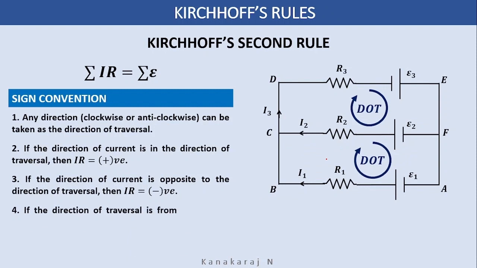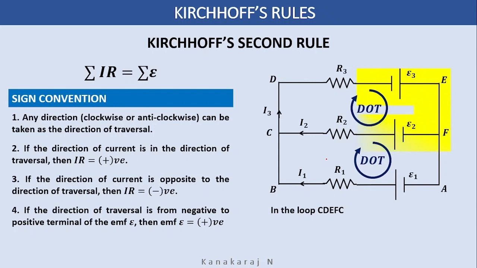If the direction of traversal is from negative to positive terminal of the EMF, then the EMF is taken as positive. Let us consider a loop. In the loop CDEFC, the direction of traversal is from negative terminal to the positive terminal of the EMF epsilon 2.